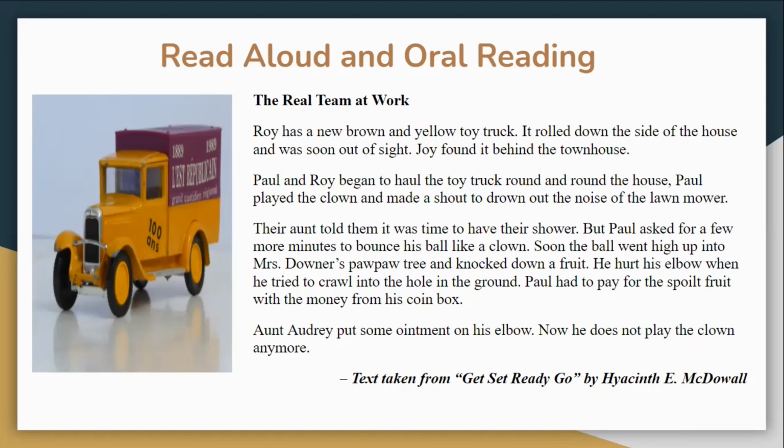Paul had to pay for the spoilt fruit with the money from his coin box. Aunt Audrey put some ointment on his elbow. Now he does not play the clown anymore. This text was taken from Get Set Ready to Go by Hyacinth E. McDowell.